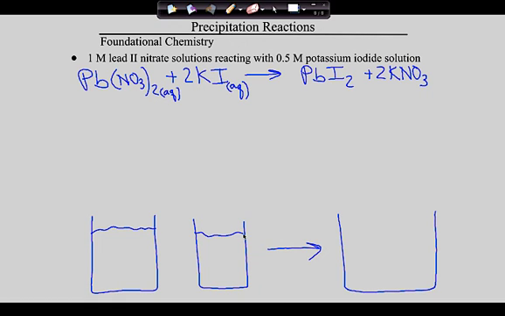It's a strong electrolyte. So guys, what does it break into? Well, it's going to break into leads with a 2+ charge. And what else? NO3s. NO3 has a -1 charge. But that's not quite right. How come? There's 2 of them.